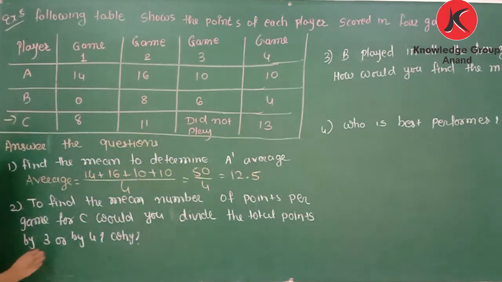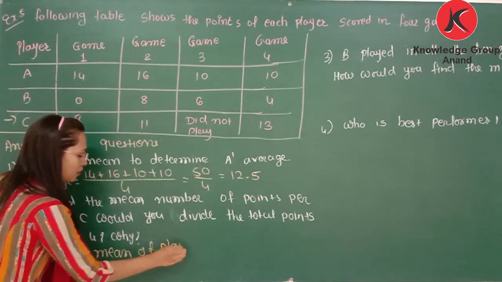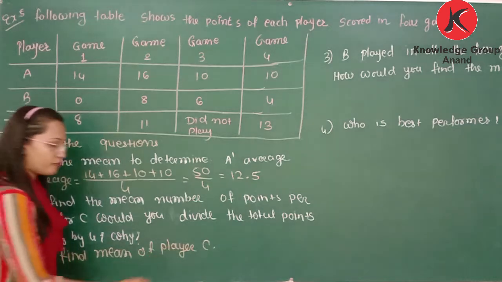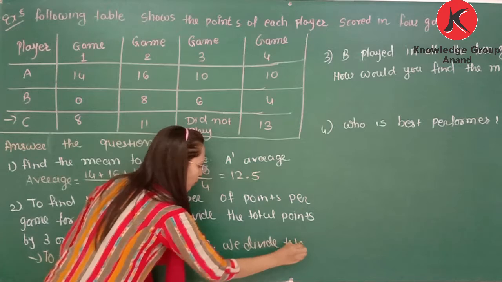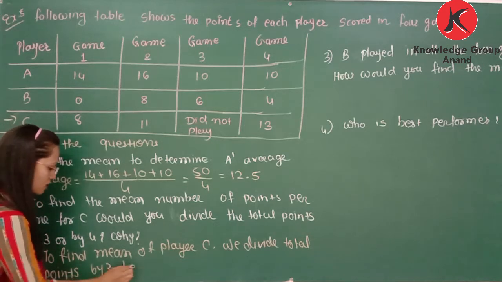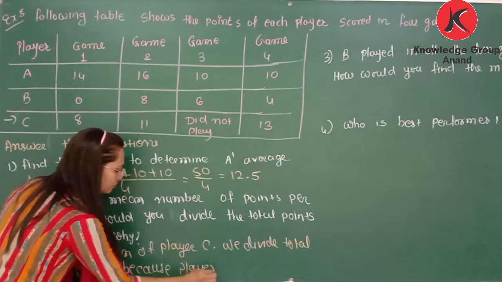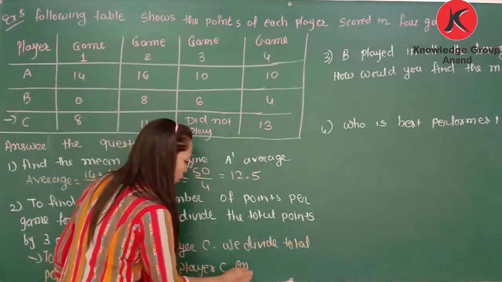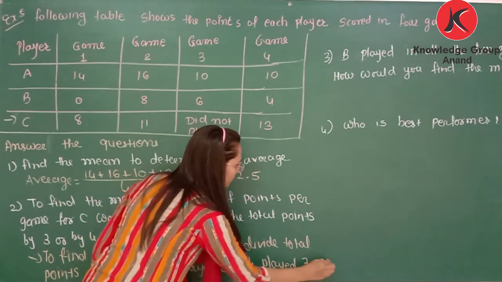So we divide to find the mean of player C. We divide total points by 3 because player C only played 3 games.